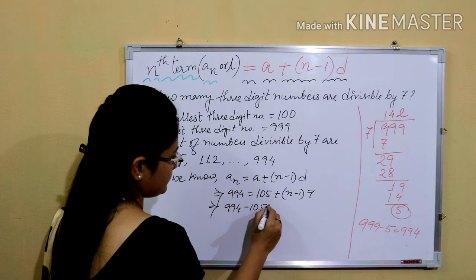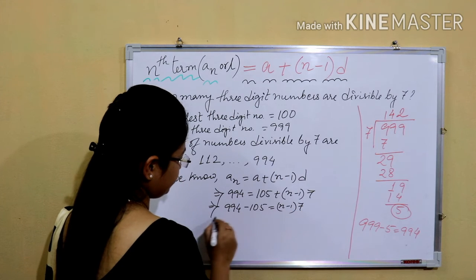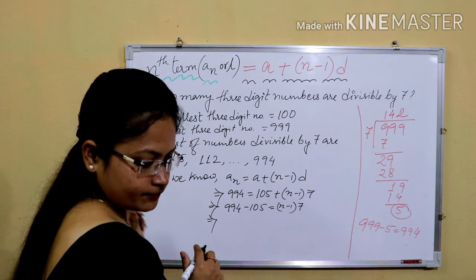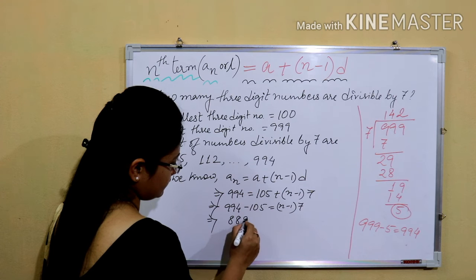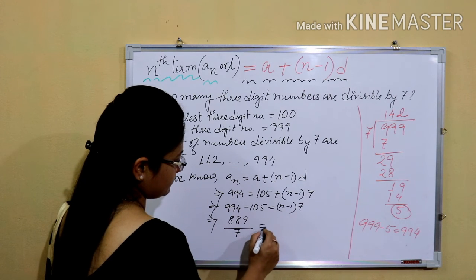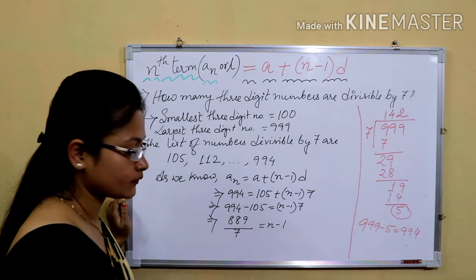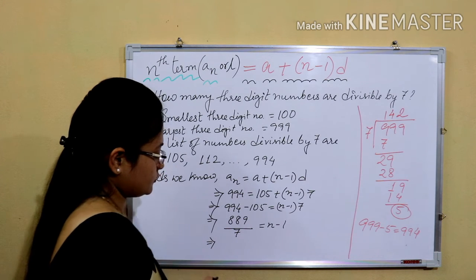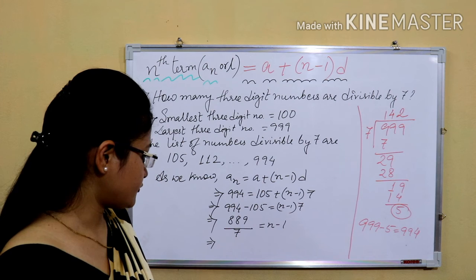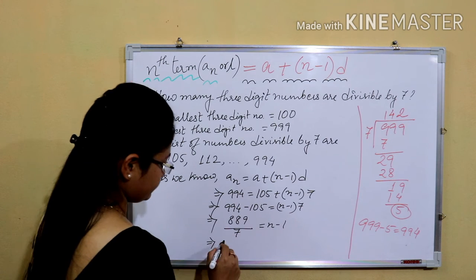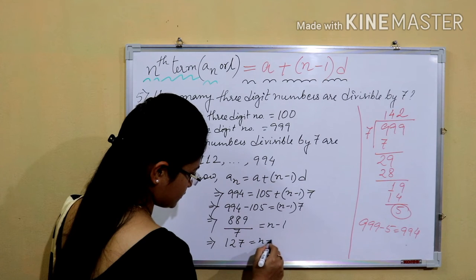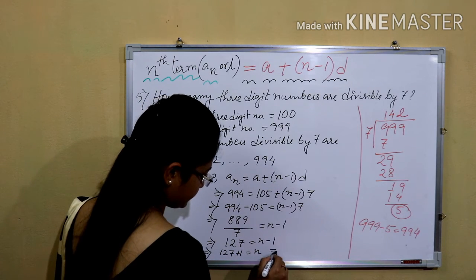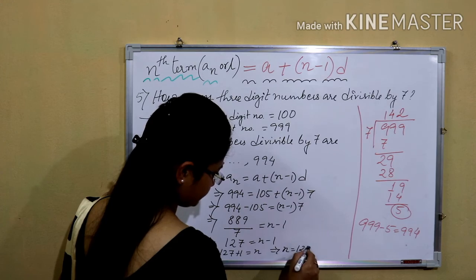So 994 minus 105 equals n minus 1 into 7. 994 minus 105 is 889. Then 889 divided by 7 is 127. So 127 equals n minus 1, and 127 plus 1 equals n. So n equals 128.